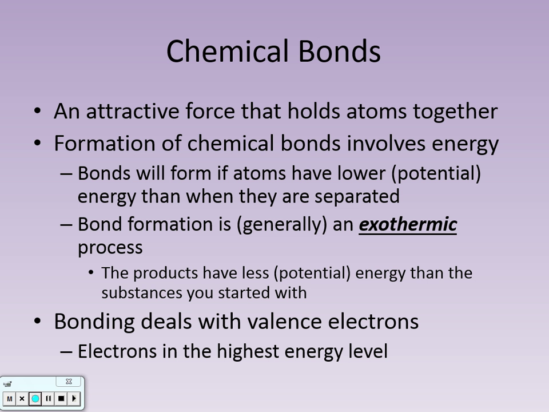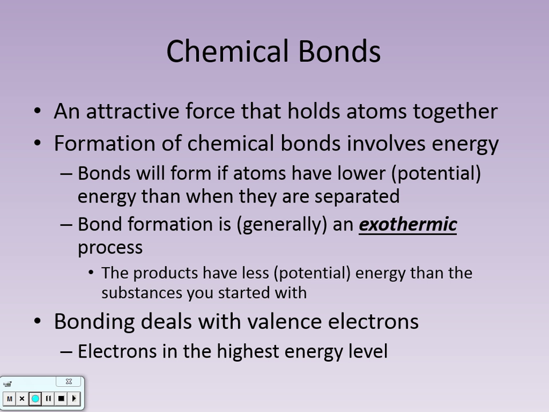Highest energy level, or if we're talking about where in the atom, farthest from the nucleus, the outside edge. That's where we'll find our valence electrons. Those are the ones that we're concerned with when we're talking about how bonding happens. Why does bonding happen? Because atoms are trying to get rid of potential energy. How does it happen? Through valence electrons.